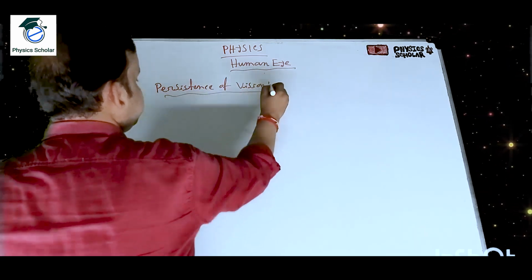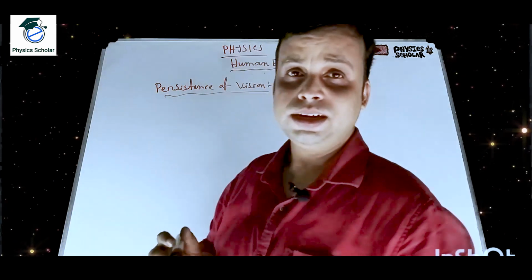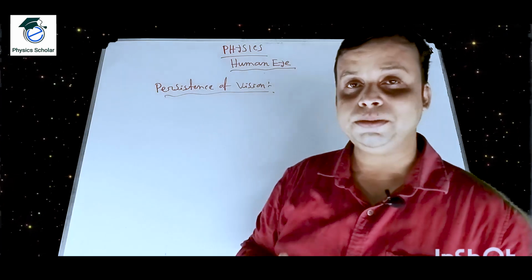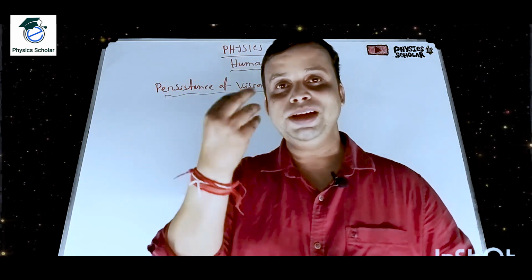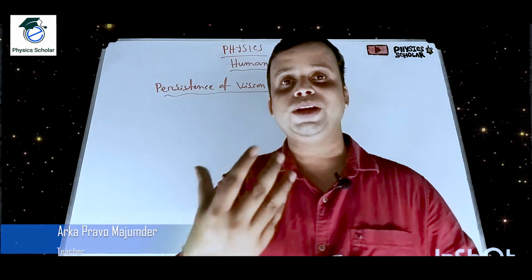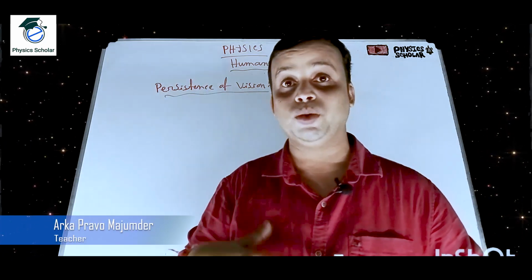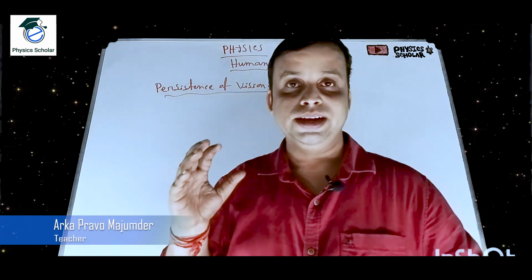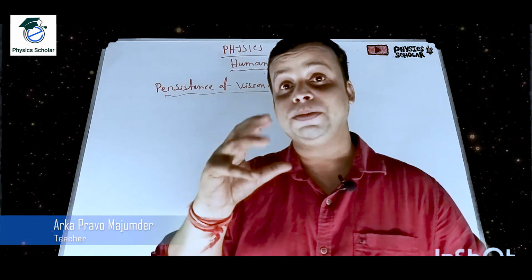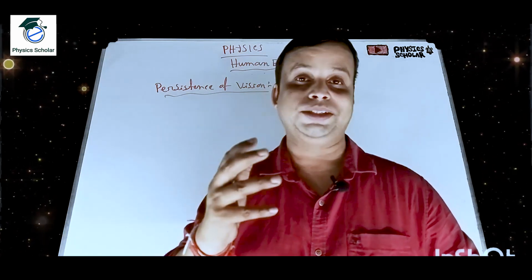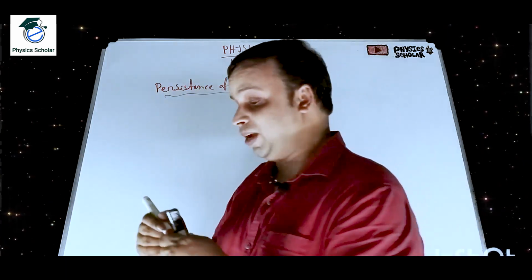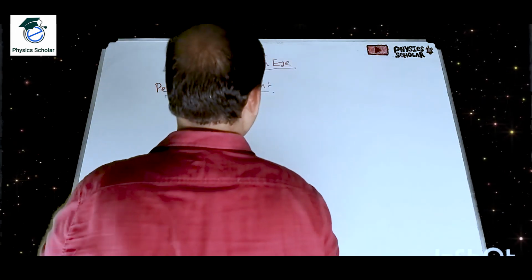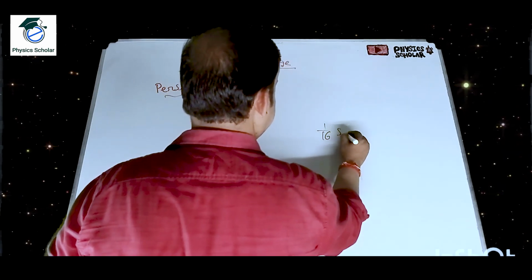In case of persistence of hearing and vision, the thing is almost very similar. What is vision? If any image of any object that we are watching is formed in our brain, then the effect of that particular image will last for 1/16 seconds. Clear?